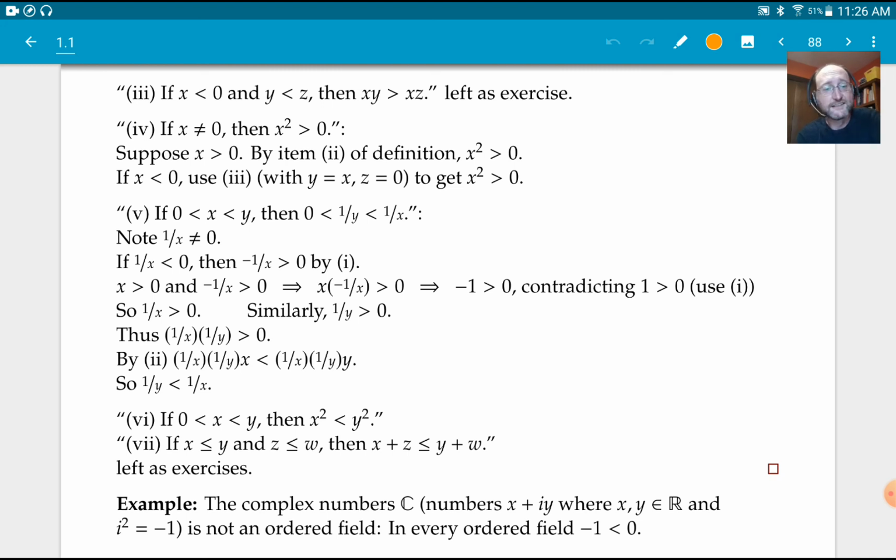Because the complex numbers have a number i where i squared is -1, and in every ordered field, -1 should be less than 0, but any square in an ordered field should be positive. So this proposition implies that you cannot order it. Doesn't matter how you try to define an ordering on the complex numbers, it's not going to be an ordered field.